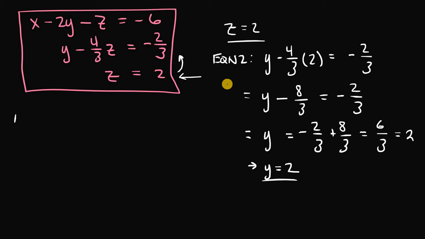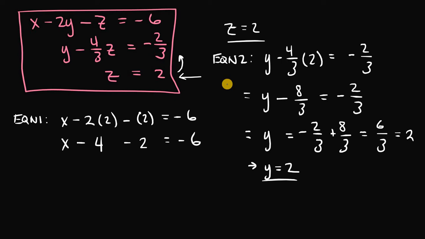So now if we look at equation 1, we have x minus 2y, y we found out was 2, minus z, which was 2, and that's equal to negative 6, right? So x minus 2 times 2 is 4, minus 2 is equal to negative 6.